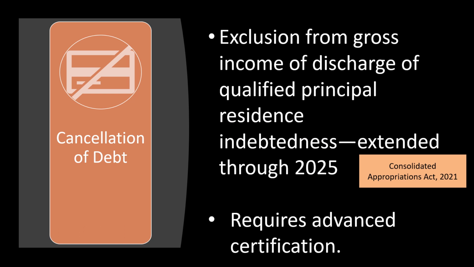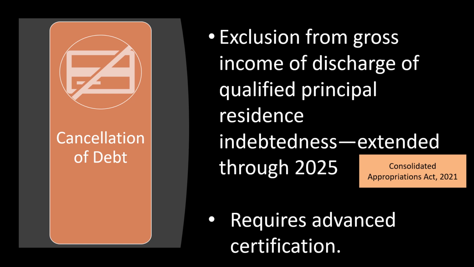So for our advanced certified preparers, there is what's called the exclusion from gross income of discharge of qualified principal residence indebtedness. It's a mouthful. Basically, it just means that if somebody had a cancellation of debt involved in the mortgage of their main home, it might be possible for them to exclude that cancellation from their income.